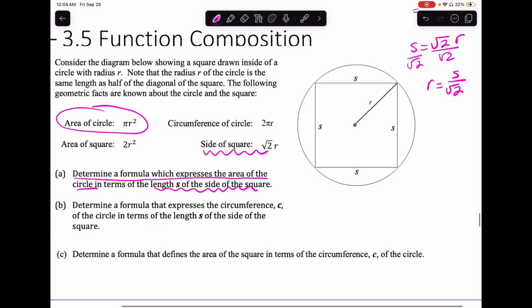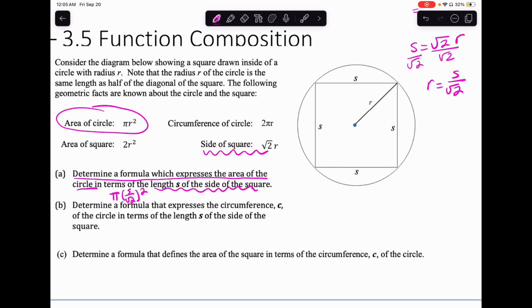So if we go back over here, for the area, we have pi, and then instead of r, we're going to say it's s over the square root of 2, squared. And that's really what we have for area. But then you're going to want to remember that you can simplify here. You can just use your exponent rules, right?